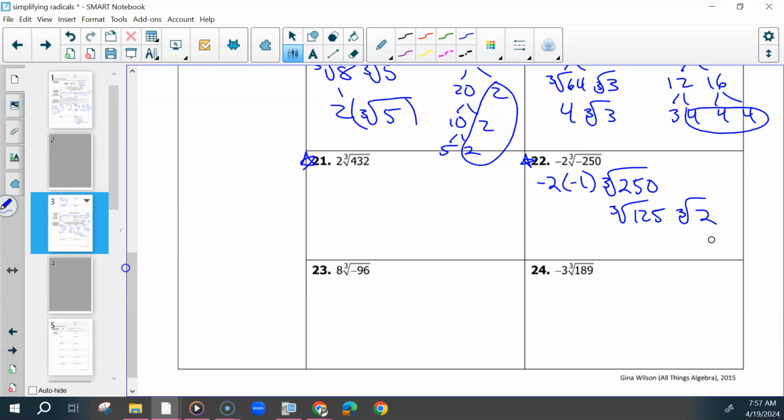So that'd be this part, but then you have to multiply to this. 10 times the cube root of 2. This would be 5, this would be 2, 2 times 5 is 10, leaving the cube root. Which part are you confused about? This part? Yeah. 2 times 5 is 10.